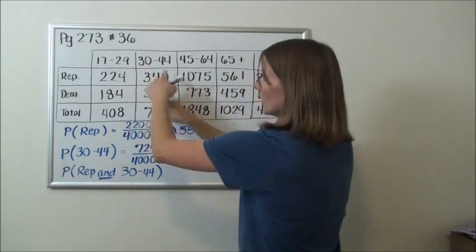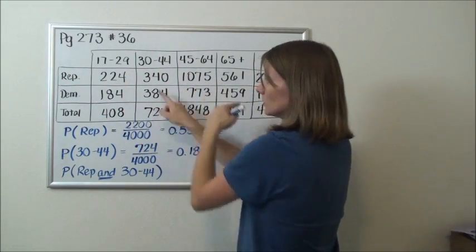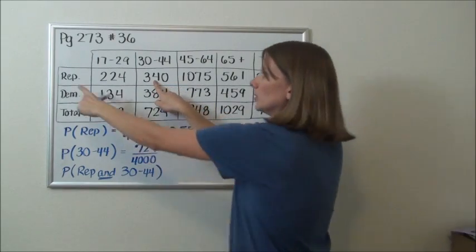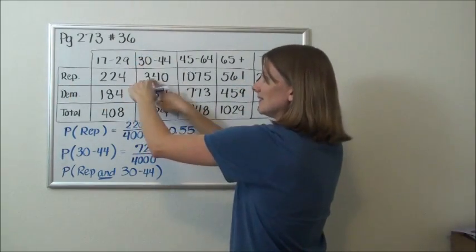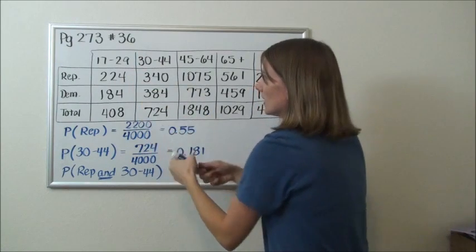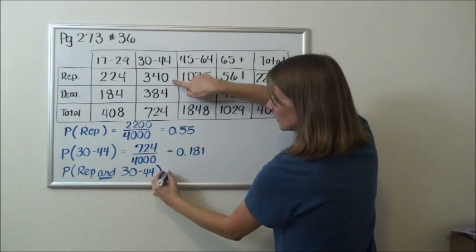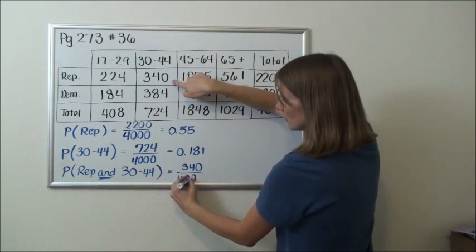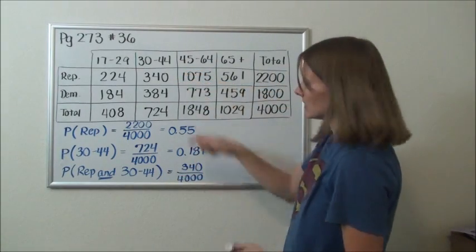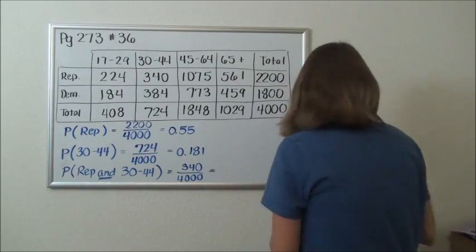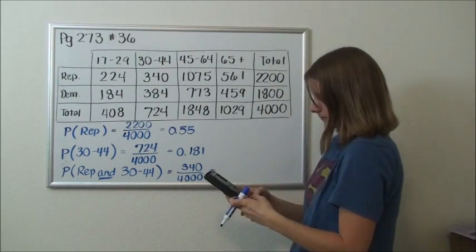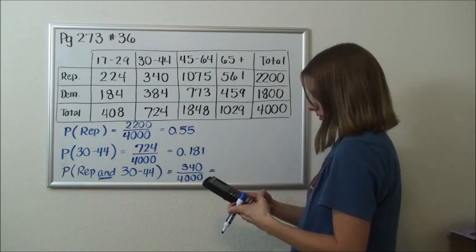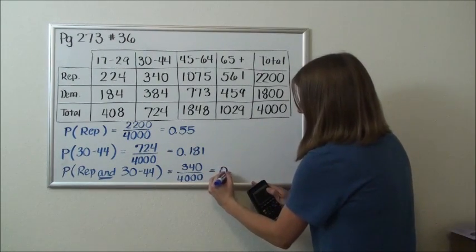And if I look at where those intersect, they intersect right here at 340. There are only 340 people who are Republican and in that age category at the same time. And so in terms of the "and," there's 340 people out of the 4,000 who are Republican and in that age group at the same time. So when I look at that decimal, 0.085.